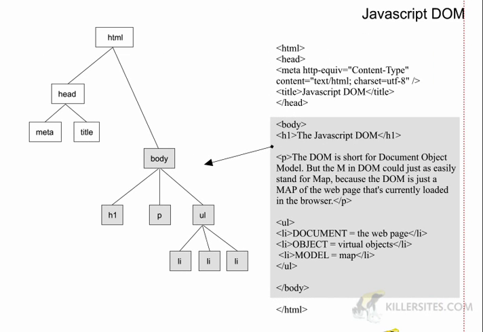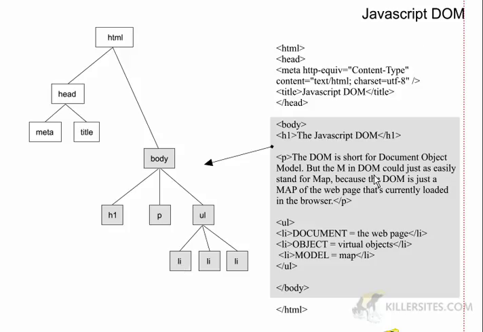Okay, so we have a DOM model here. This is the map model. This is our web page that this model represents. So what's the whole point of this? The point is that, like a city map that you use to get around town, the DOM map allows you to get around the web page using JavaScript.